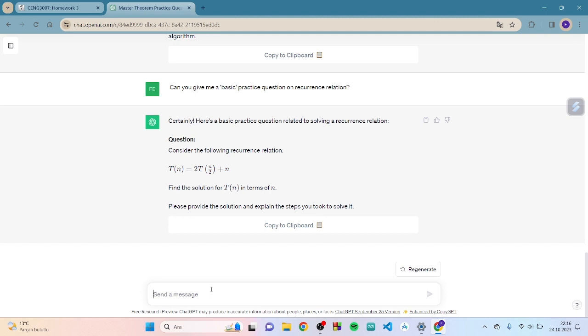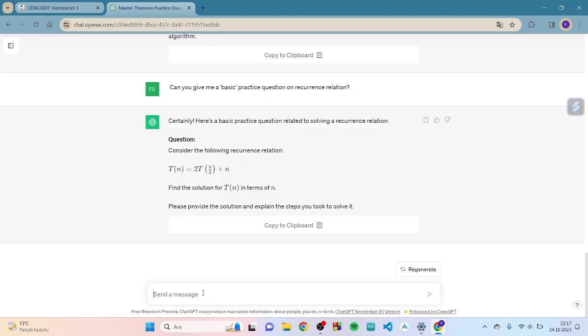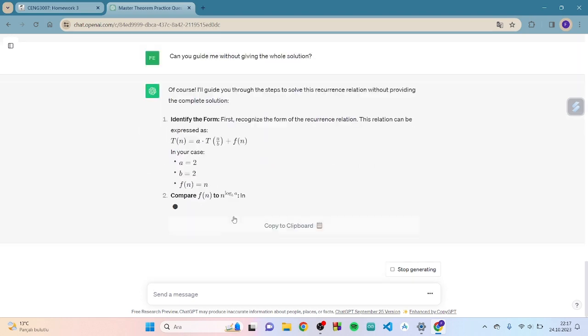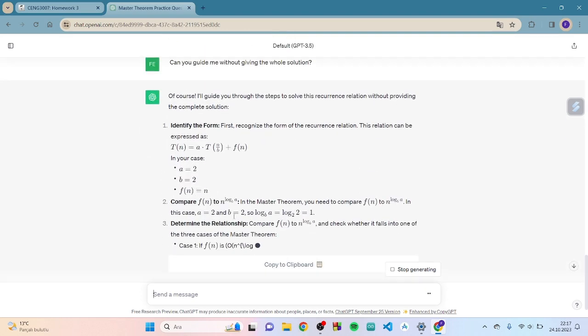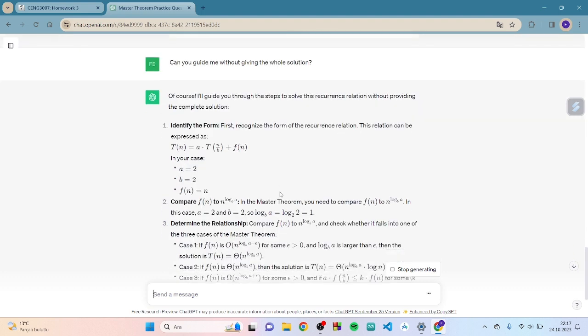Okay, I understand, but I am a little bit confused, so I want help from ChatGPT and ask, can you guide me without giving the whole solution?